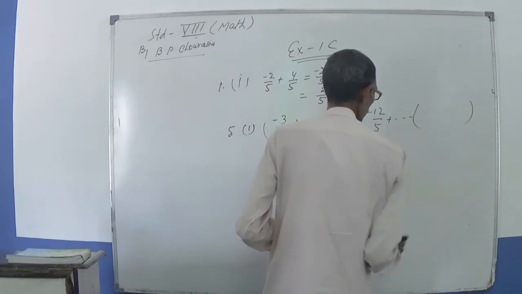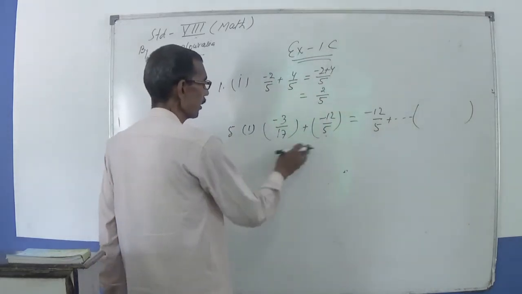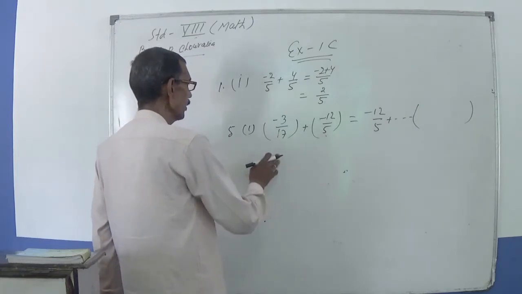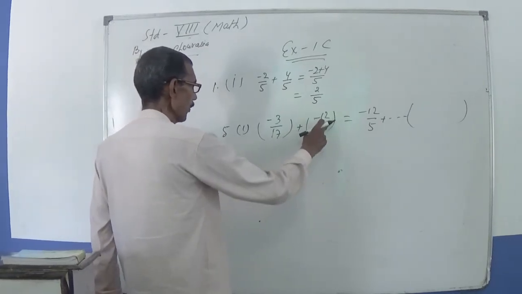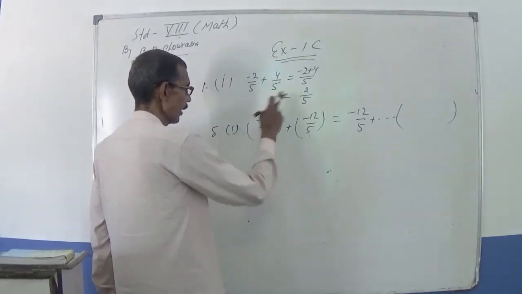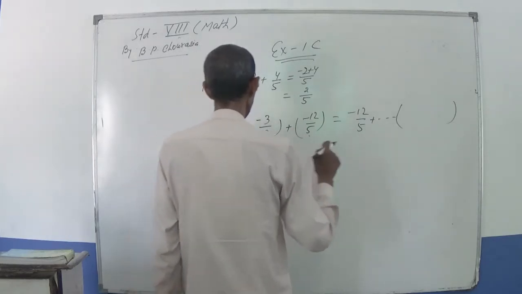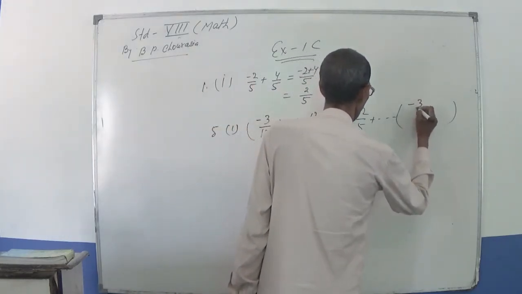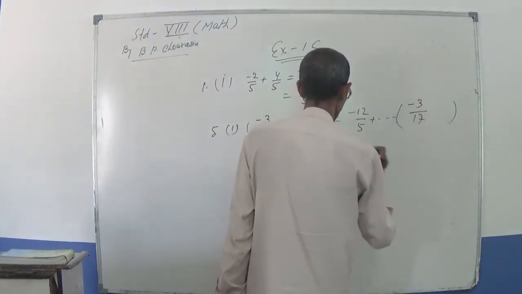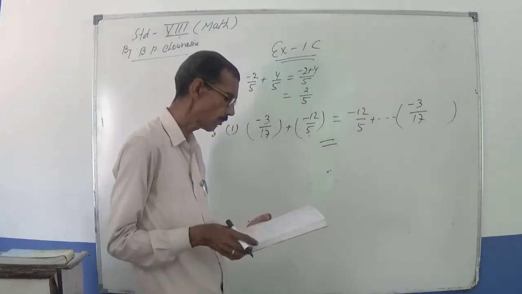Here, applying the order property or commutative property, only the order is changed. So write next here, the first term is minus 3 by 17. By a similar way you can solve other problems.